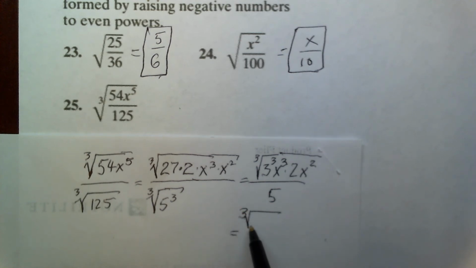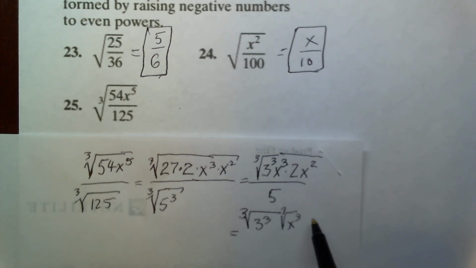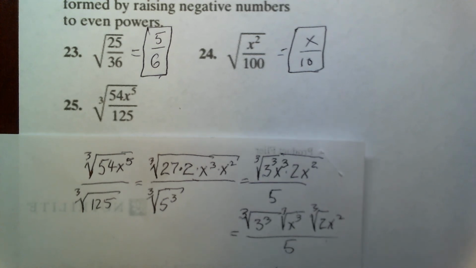The third root of 3 to the third times the third root of x to the third times the third root of 2x squared, divided by 5. And so the third root of 3 to the third is 3, and the third root of x to the third is x, times the third root of 2x squared, divided by 5.